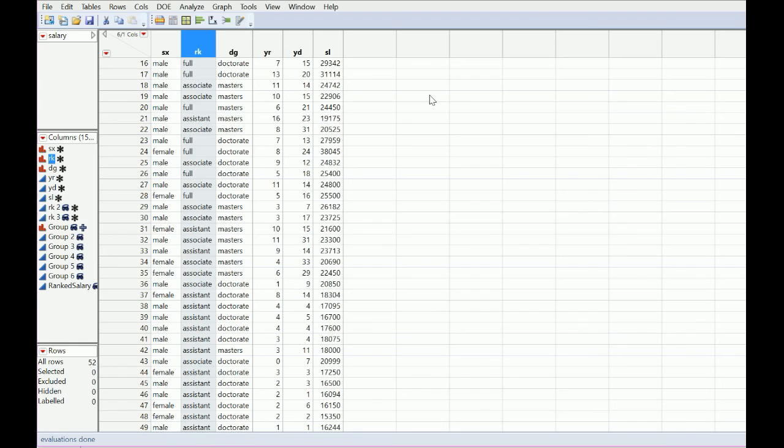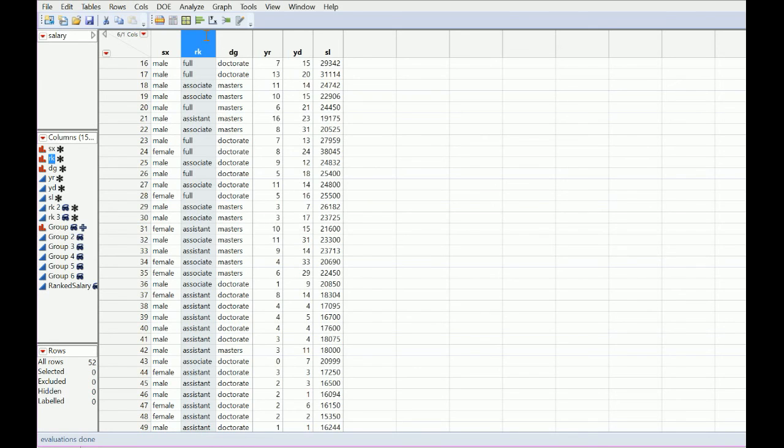So all JMP does is the number crunching for us. So we would still write the HTA just the way we started before when we did it by hand. We would identify our significance level 0.05. We would identify that we're going to reject the null hypothesis if we get a p-value of less than alpha. And we would come here and say, well, what is our F test statistic and what is our p-value?